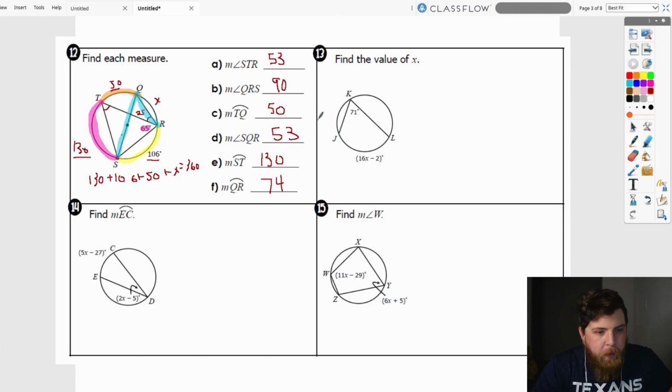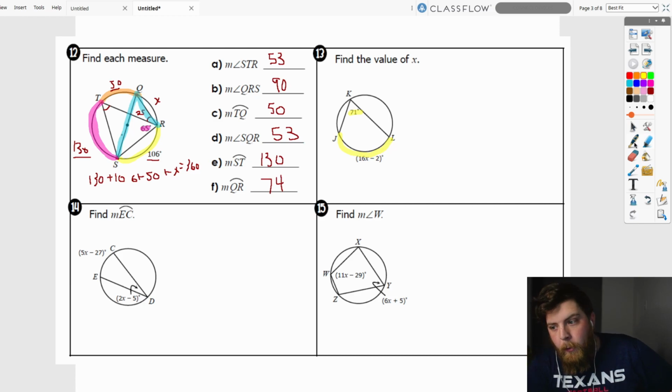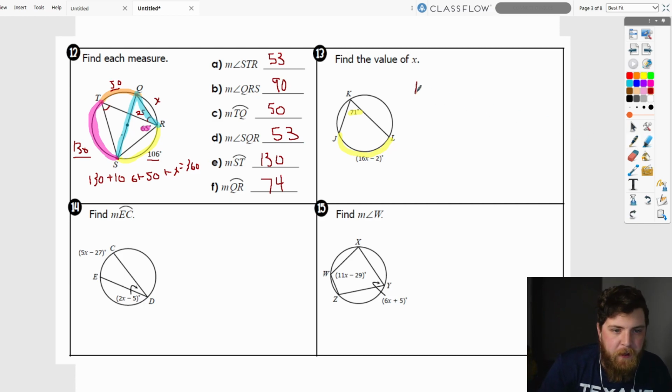Okay. The next one we're looking at is this here. They give us an inscribed angle at 71, and then they give us the measure here is 16x minus 2. Well, what I could say is 16x minus 2 is equal to 2 times 71, right?